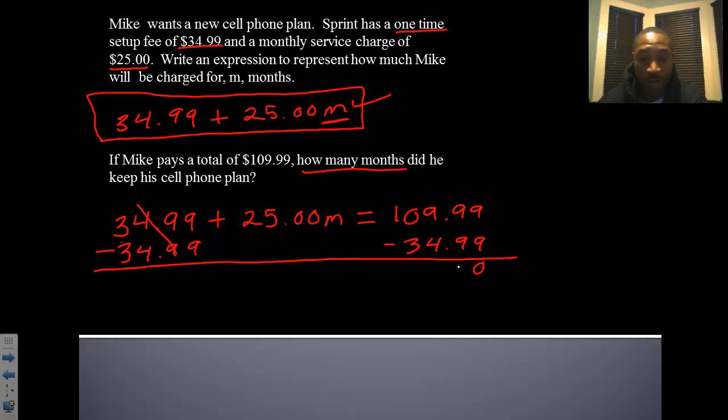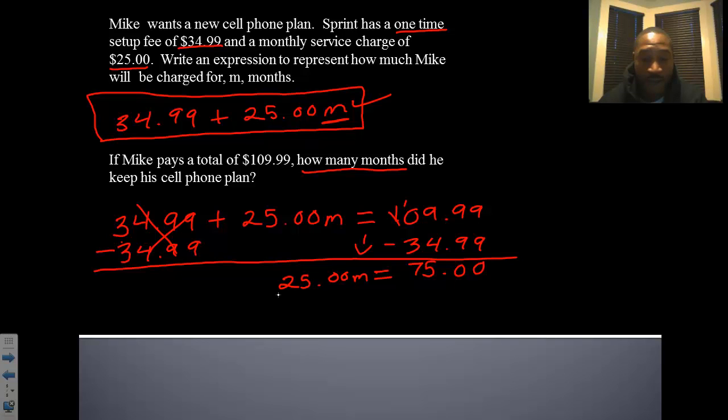I'm going to get 0, 0, 5, cancel him out, 7, 75. Bring down my equal sign. Equals what's left on this side. Remember, that's gone. I have $25 M.